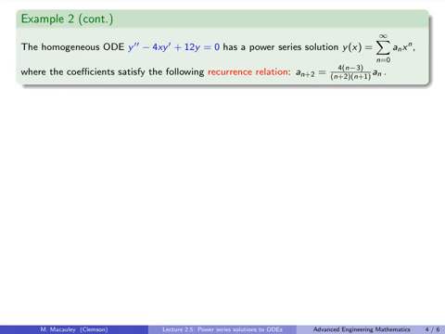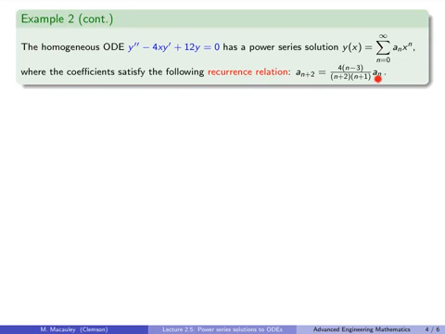So we can't combine terms, so we have to shift the indices of this first term, and when we do that, we get an x to the n in every term, and we combine coefficients and set that equal to 0 because the right-hand side is the 0 function. So we get this equation involving a_{n+2} and a_n, and we can solve for a_{n+2} in terms of a_n. It's called a recurrence relation. So this gives us a formula for a_{n+2} in terms of a_n.